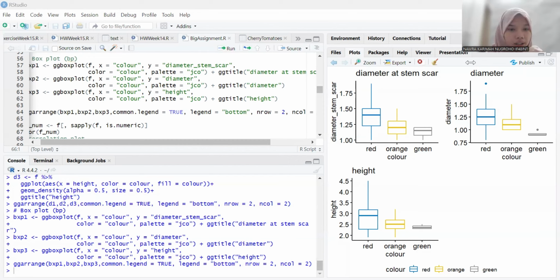The next one is the height for each colored tomato, and it can be seen that the height of the red tomatoes has a positively skewed distribution, right? And for the other colors, it is normally distributed.